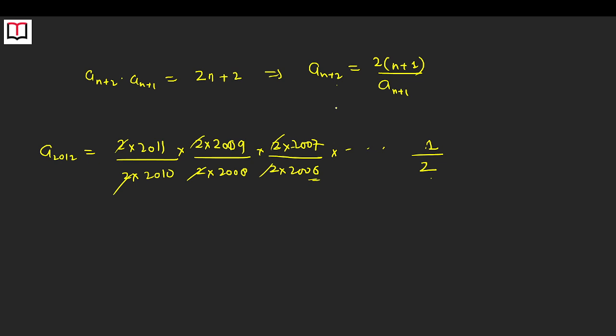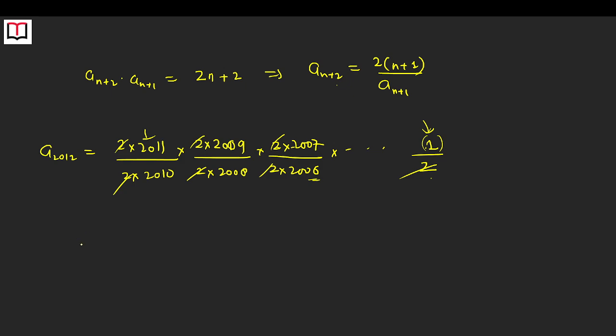We don't have any extra 2 here. Why? Because we start with odd in the numerator and end with odd. If there also would have been a 2 here, we would have one extra 2 in the numerator. So I think all 2s will get cancelled.